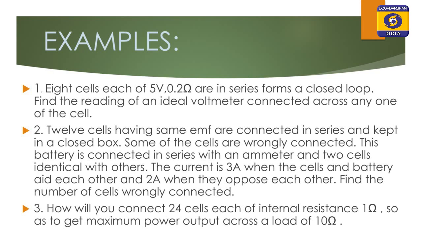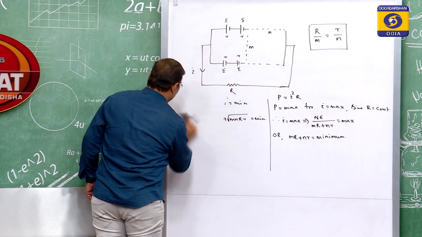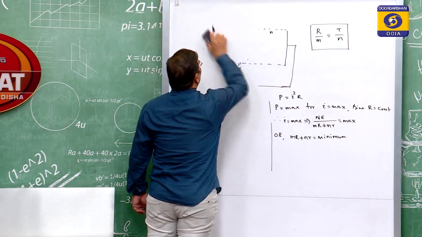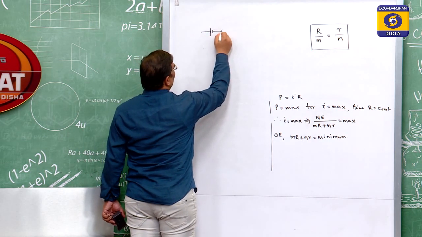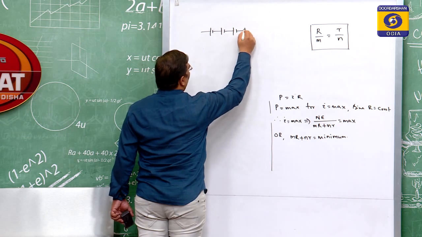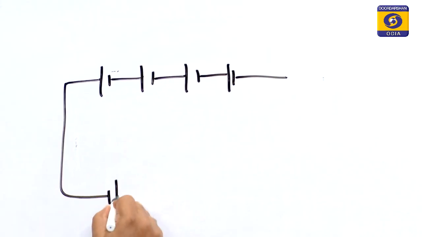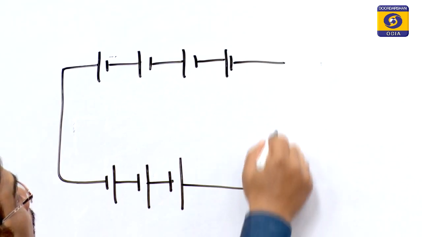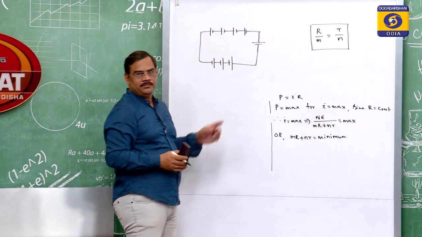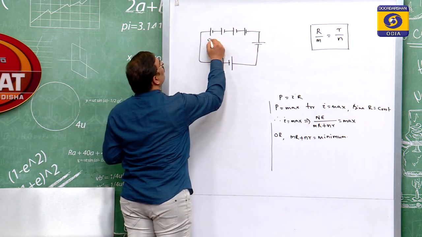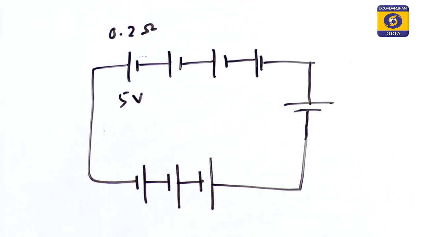Suppose there are 8 cells, each of EMF 5 volt and 0.2 ohm internal resistance, connected in series, forming a closed loop.